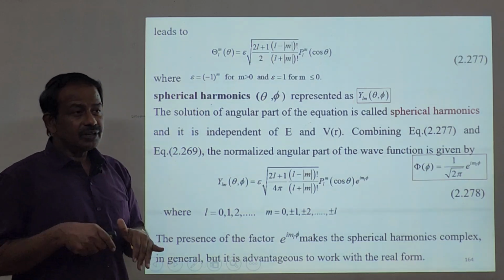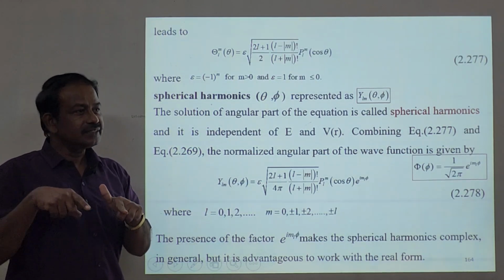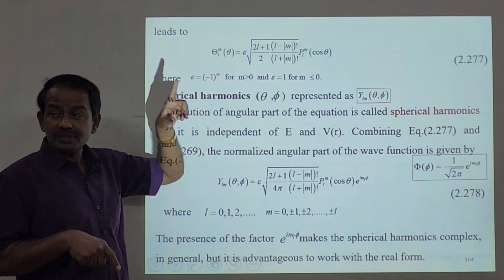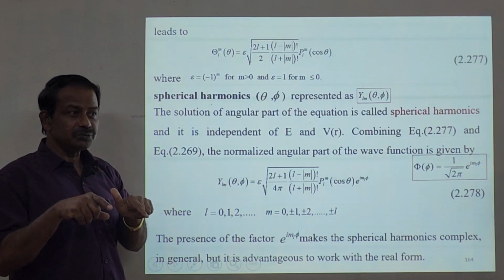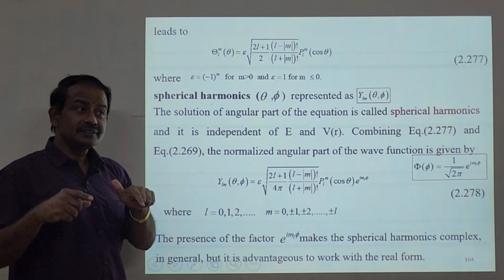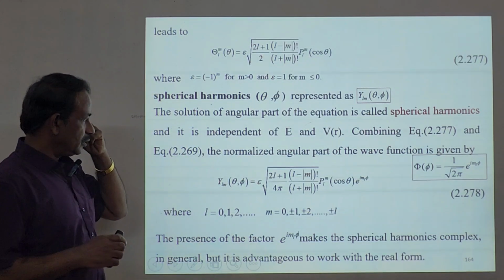So now we know already this angular part is nothing but spherical harmonics, which depends on both theta and phi. So Y_LM(theta, phi). We have solved for theta, we have solved for phi. The product of these two will give you the complete wave function for the angular part.